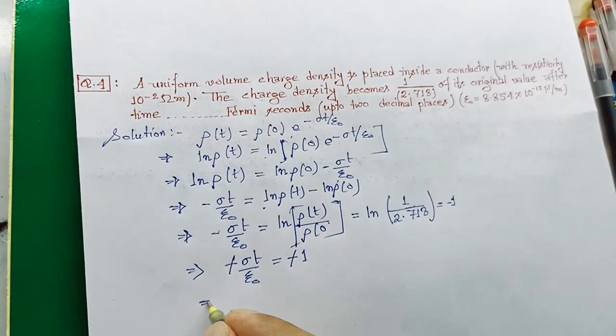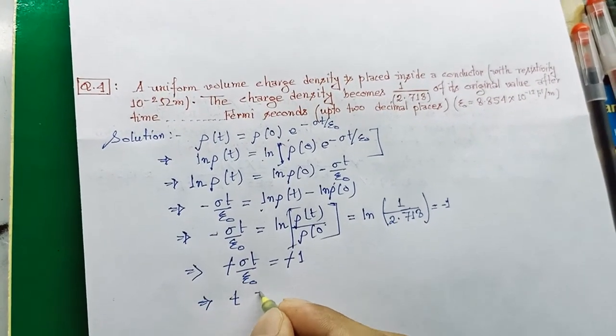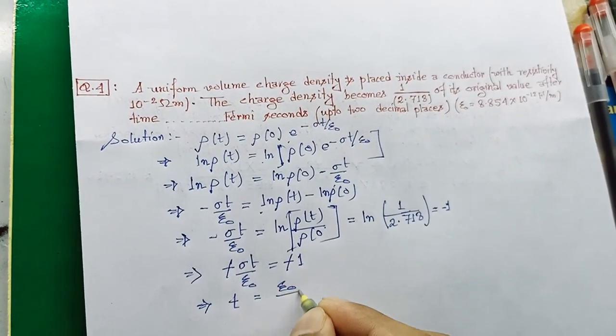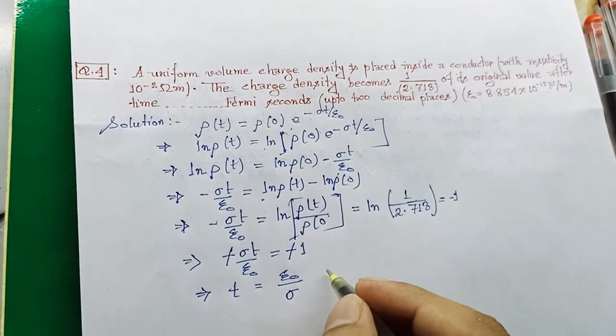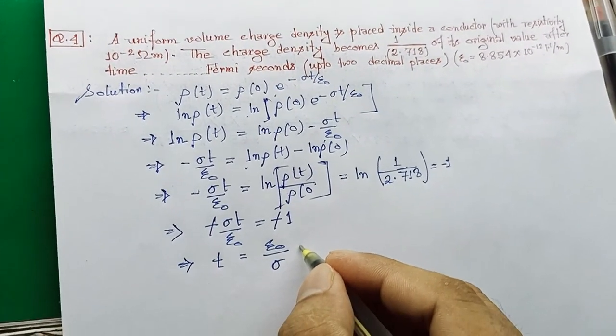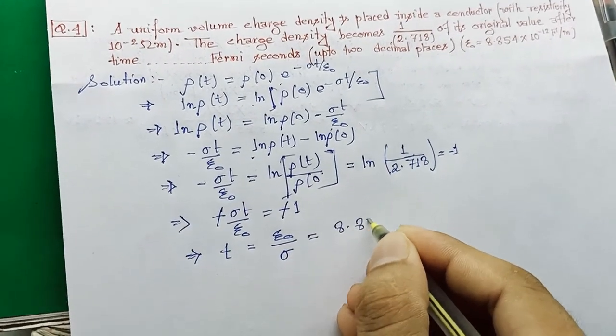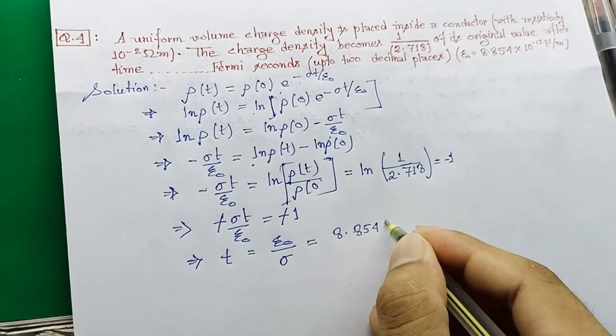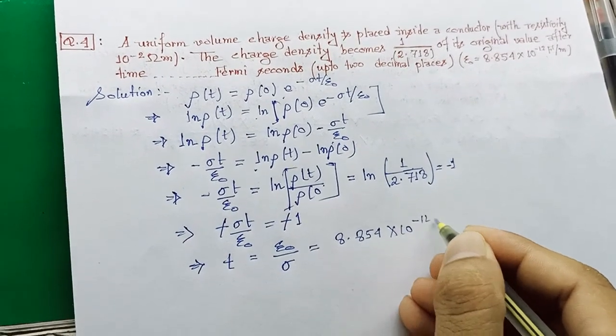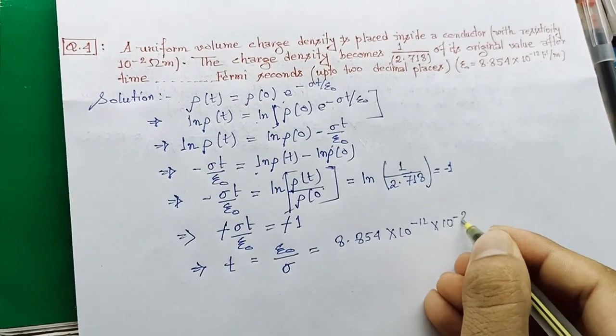So after cancellation we can find the value of time will be equal to epsilon naught divided by sigma, which is equal to 8.854 into 10 to the power minus 12 into 10 to the power minus 2.